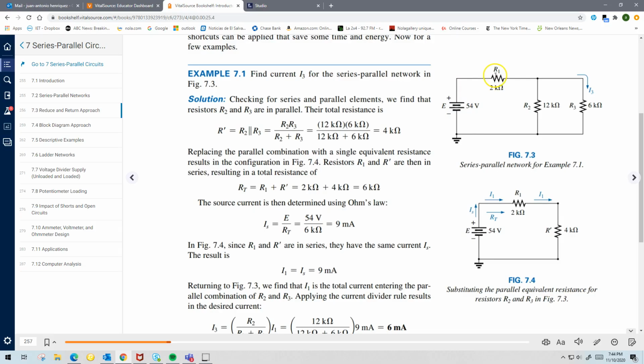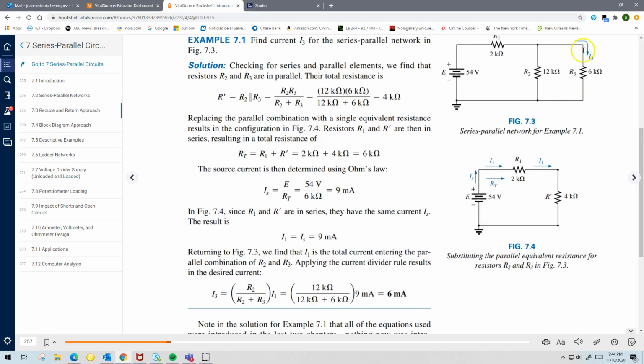So the 9 milliamps coming out of the source are going to go through the 2 kilo ohm, and when it gets to this node, it's going to split. Some of it is going to go through R2, some of it is going to go through R3. But you're interested in finding what I3 is. So to do that, you can simply use current division, because now you know that the current coming into this node is 9 milliamps.